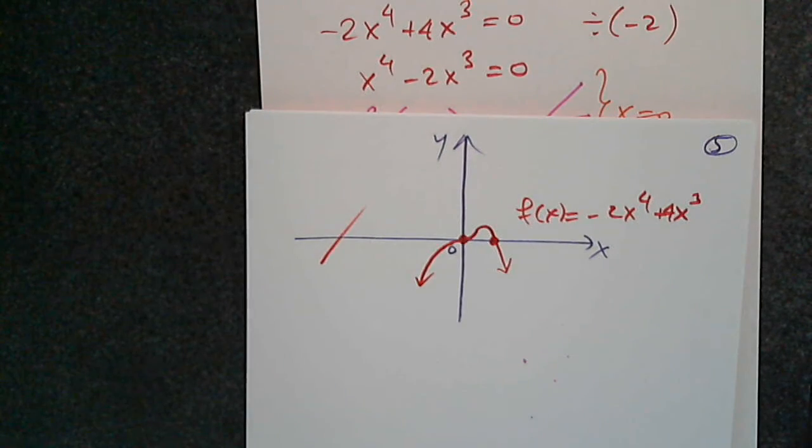Sorry, 4x cubed. Perfect. So now I know what to expect, more or less, right? I'm going to use the standard viewing window again. Zoom 6. And then I will adjust the viewing window if I want to see a better picture. Yes, I want to see a better picture.